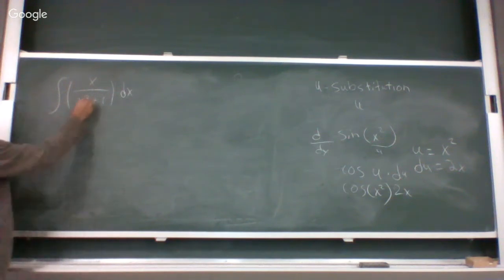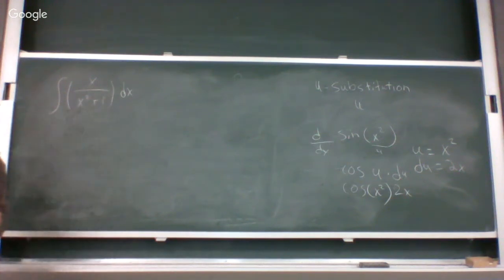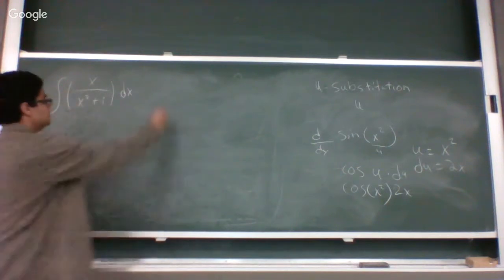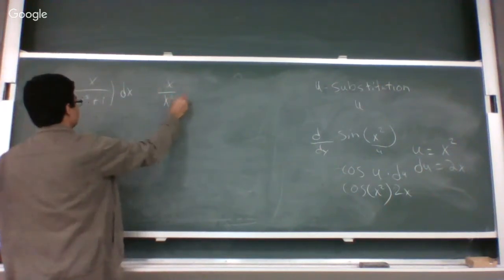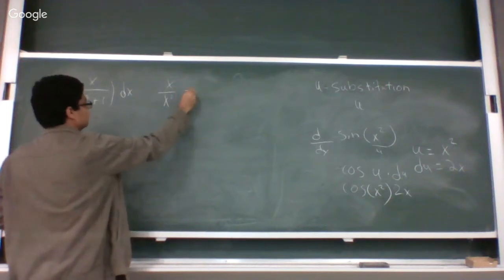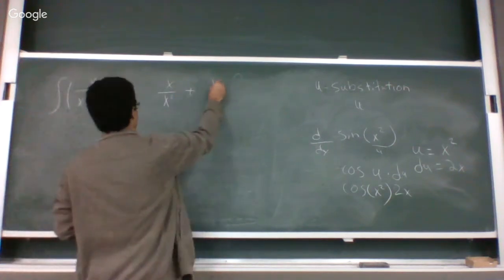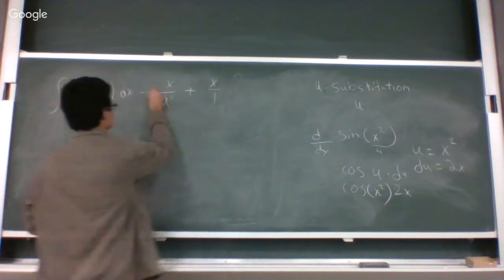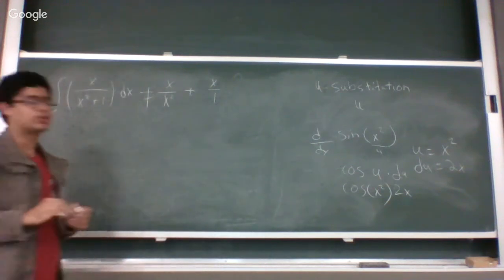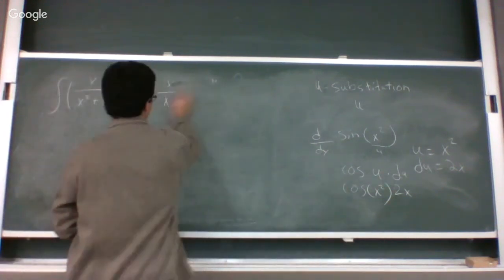We have x and x squared plus 1. We can't break it apart because it's added in the denominator, okay? If we say x over x squared plus x over 1, these are not the same things, okay? That's a big bad idea.